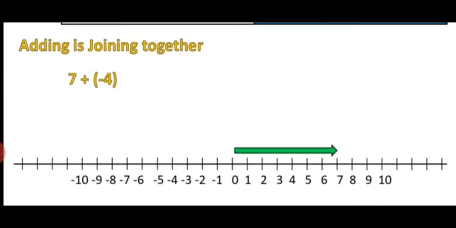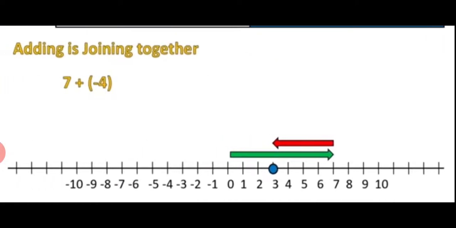Next, the second number is -4, that means it is a negative number. So next we shall start from plus 7 towards the left up to 4 units, as the second number is -4.